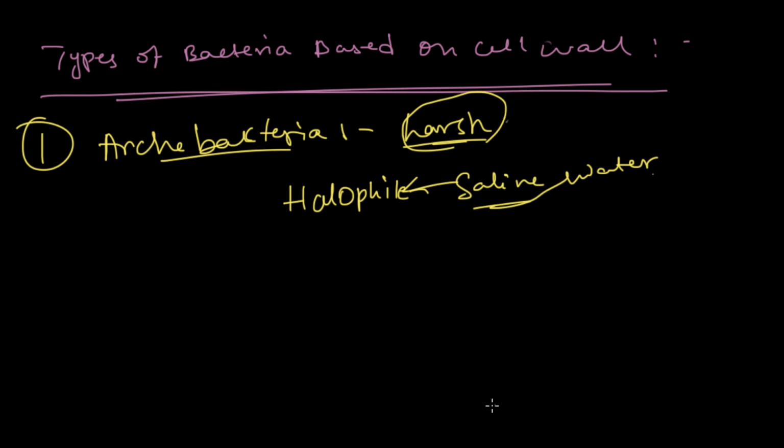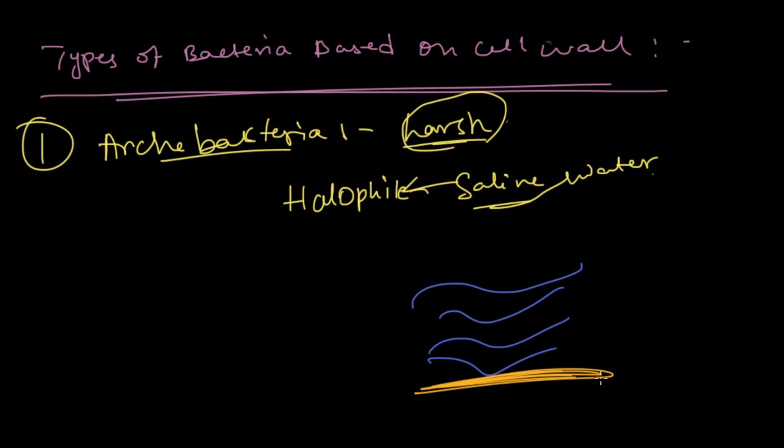They can also live in extreme conditions like thermal vents. If this is your ocean, this becomes your ocean bed, and here you have some small vents. These bacteria are found even there, where the temperature is above 100 degrees, not 1000 but 100.